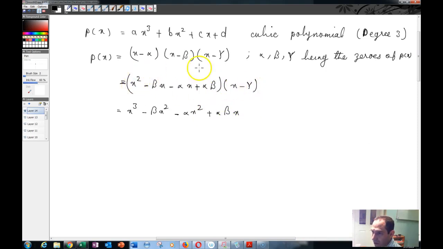And then the same thing times negative gamma, you would get negative gamma x squared, positive beta gamma x, positive alpha gamma x, and negative alpha beta gamma.